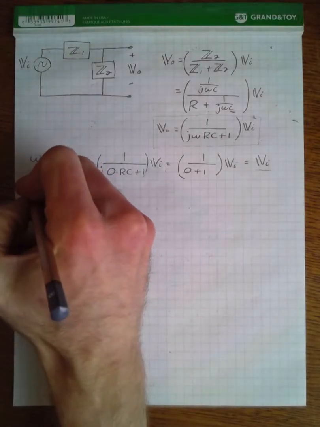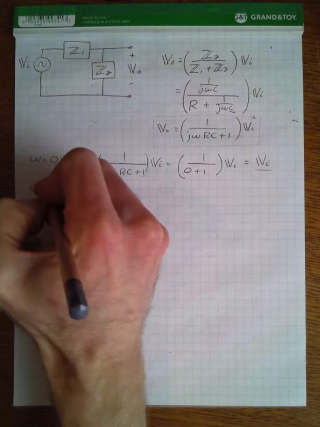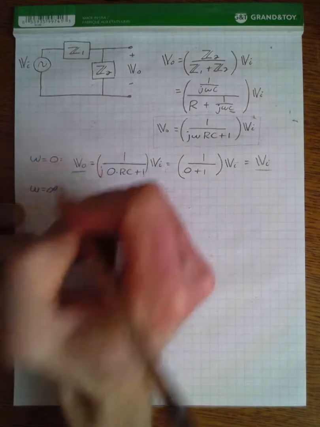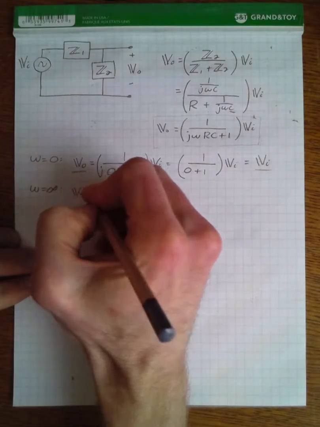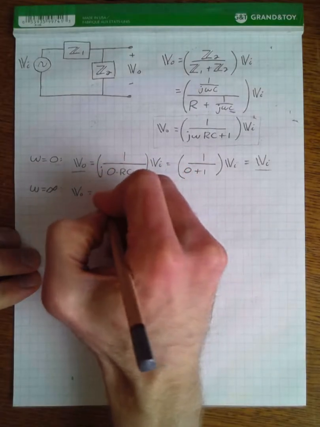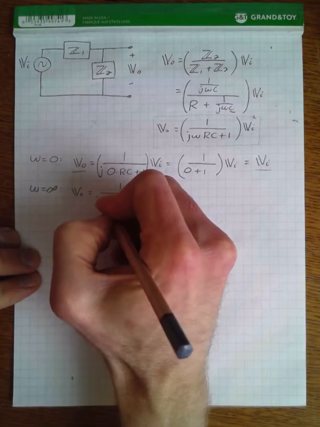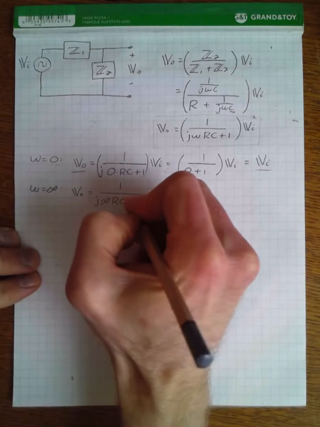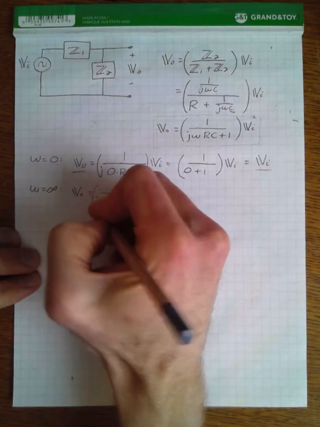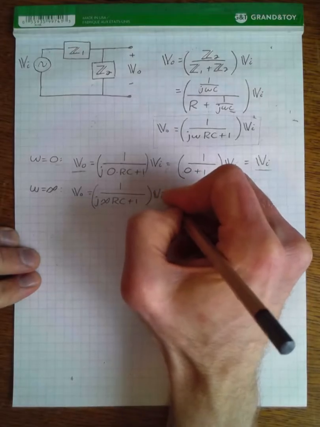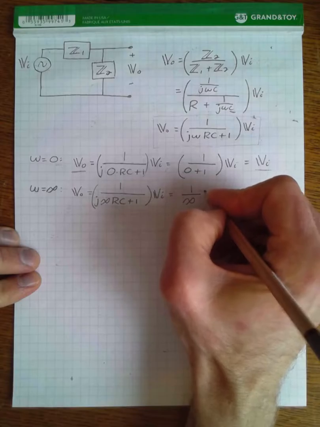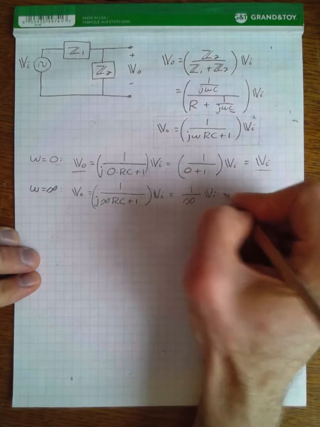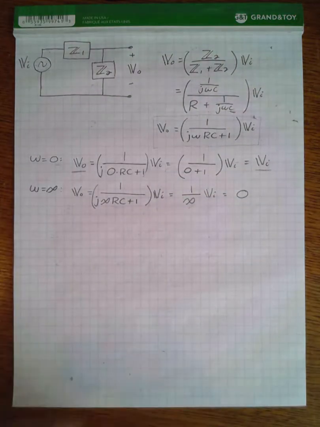However, let's take a look at what happens when we have a very high frequency signal. So omega equal to infinity. Our output voltage is equal to 1 over j times infinity, RC plus 1, times our input. So 1 over infinity times our input, in other words, equal to 0.